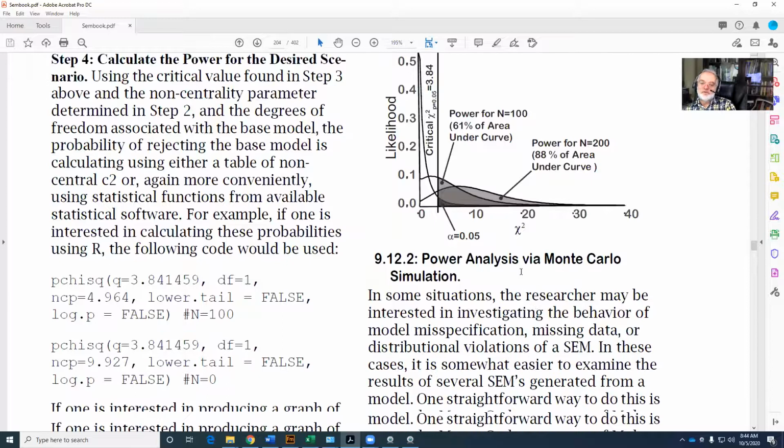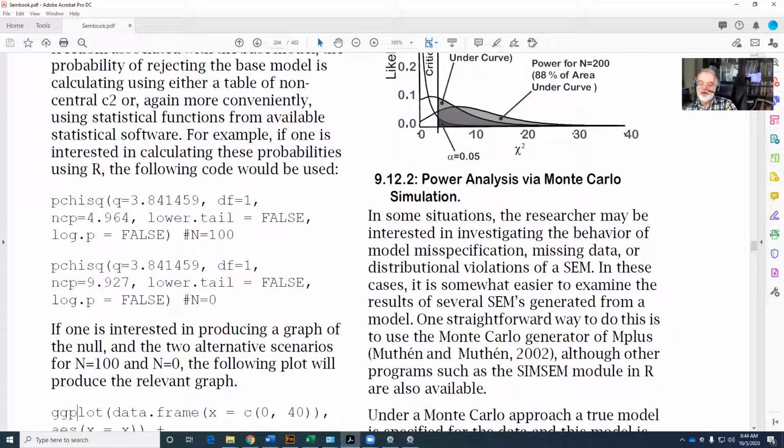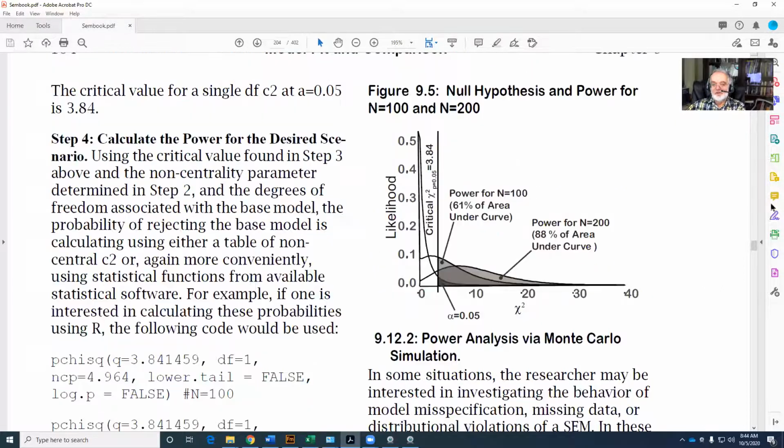Often, there's just all kinds of factors at work that affect power. So, generally speaking, what's happened over the course of time is reviewers would be looking at these single parameter power things and say, well, this is all good and fine. If you have, say, 200 people, that's a nice power thing. But in reality, there might be missing data.